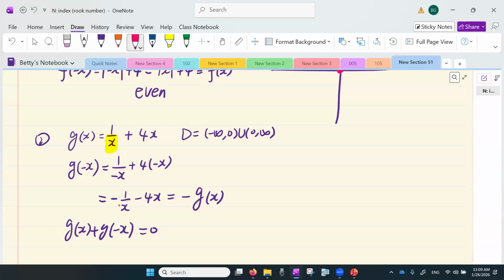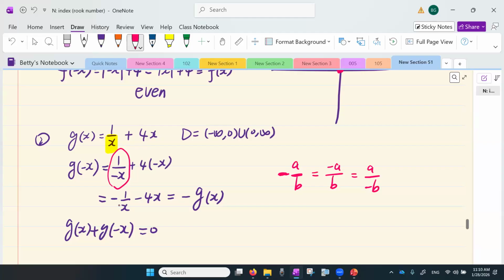About this part, I want to mention a formula. I need to remember to include that in the formula book. Negative a over b for a fraction: the negative sign can be placed with the numerator or the denominator. All three expressions are the same.